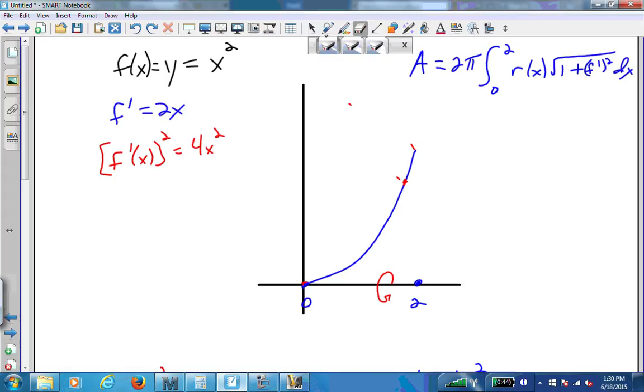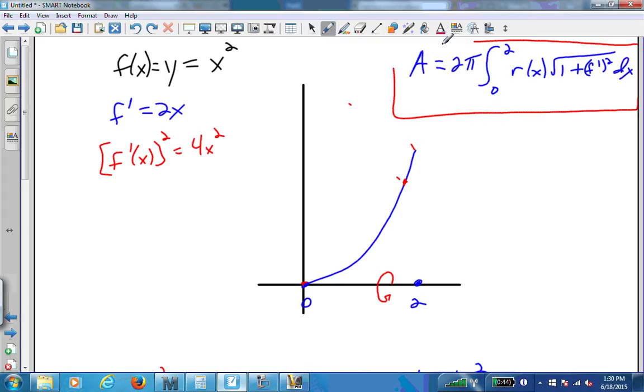So we still have the same general formula. And notice we could have this where it was R and this f prime of x dx, or it could be a function of y, g prime of y dy. And that's going to have to do with whether our function is written as a function of x or a function of y.